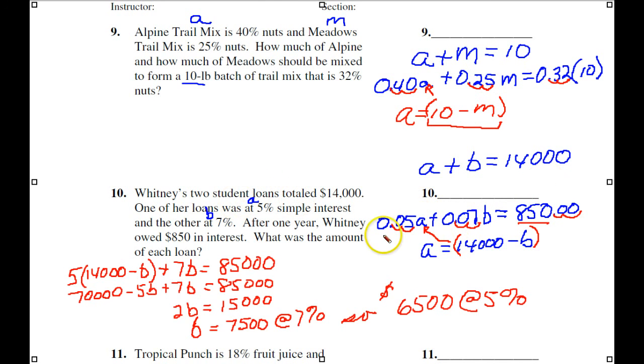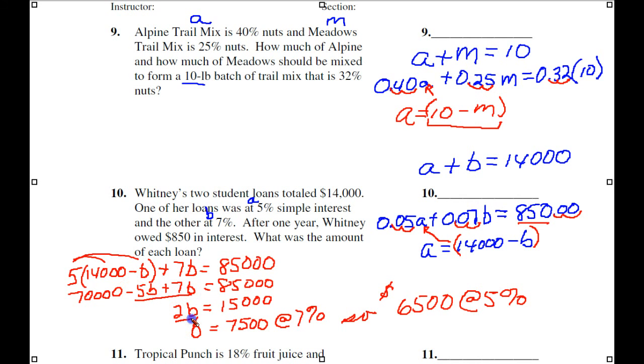Okay, so what I did is I said then, after I got rid of my decimals, 5 times A, which is this, is 5 times that, plus 7B. 7B is 85,000. So I distributed that, and I get this. I group my like terms.